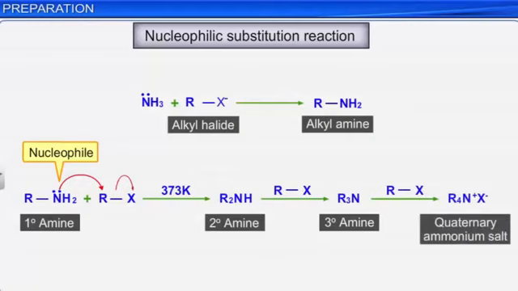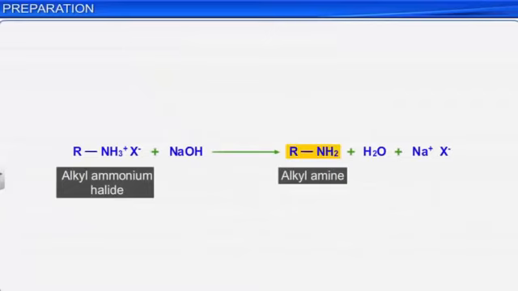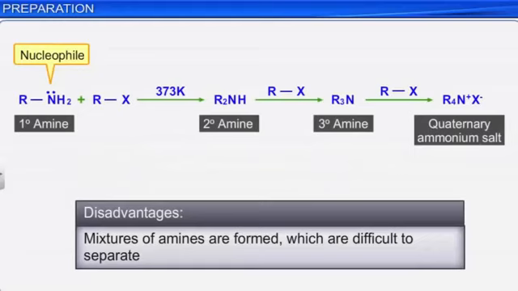The free amine can be obtained from the ammonium salt on treatment with a strong base, such as sodium hydroxide. Ammonolysis has the disadvantage of yielding a mixture of primary, secondary, and tertiary amines besides a quaternary ammonium salt, which is difficult to separate.